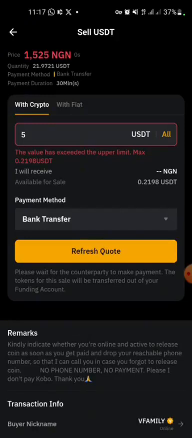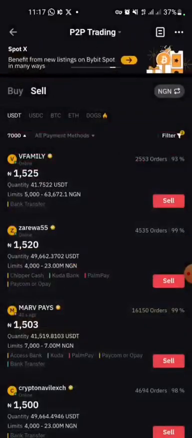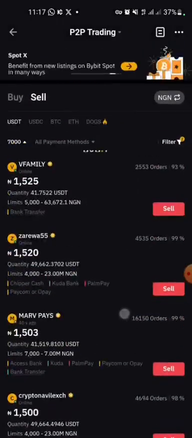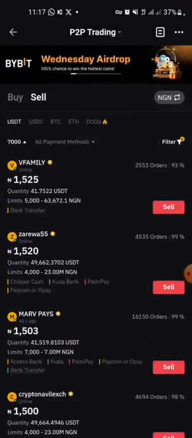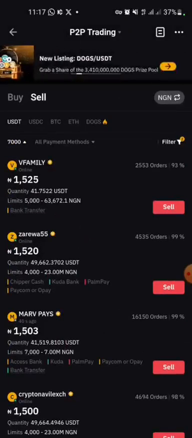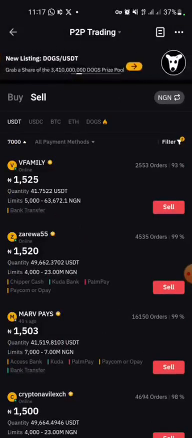So once you confirm that you have received the money, you go back to Bybit and release the coin. In case you go back and your Bybit refreshes, you start afresh here, and you'll be thinking, oh, how can I go back to that person I'm making the transaction with? Look at the top right, beside the three horizontal dots.